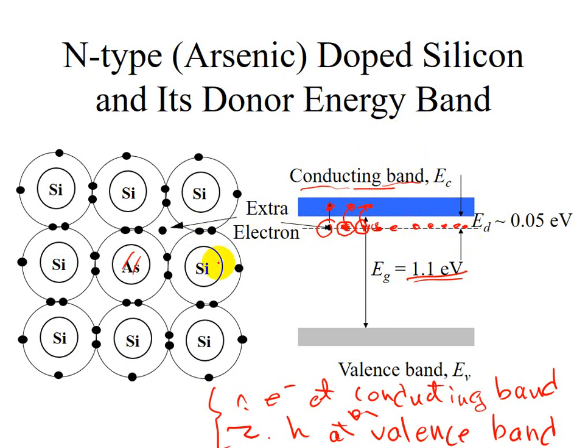All these electrons meet the first criterion, electron at the conducting band, so they can contribute to conductivity. But the hole at the donor level is not at the valence band, so it does not contribute any conductivity.